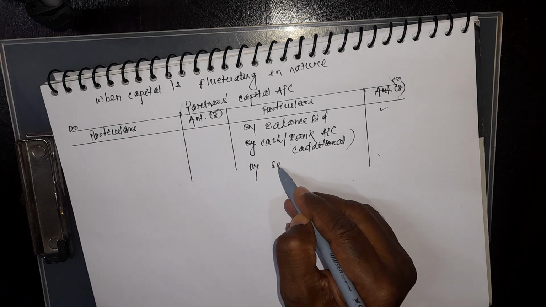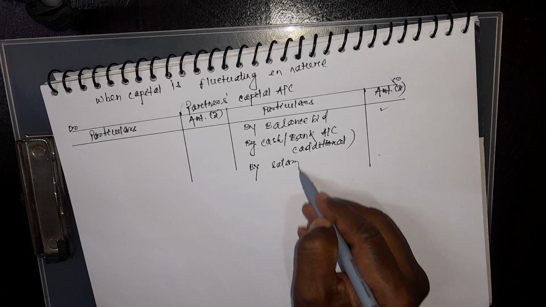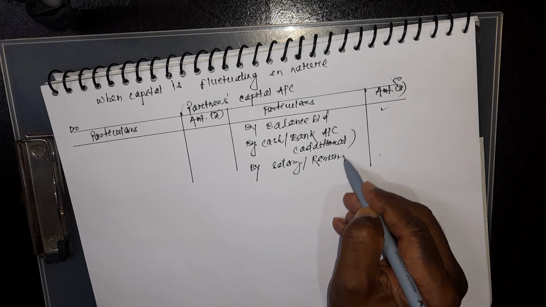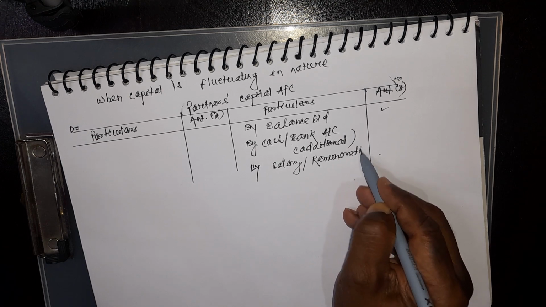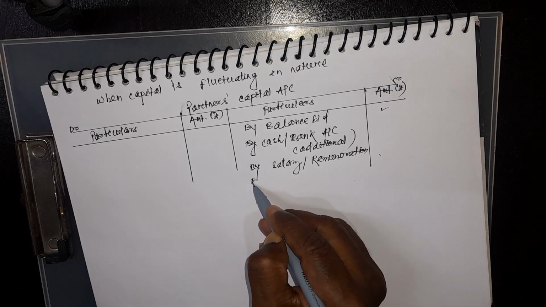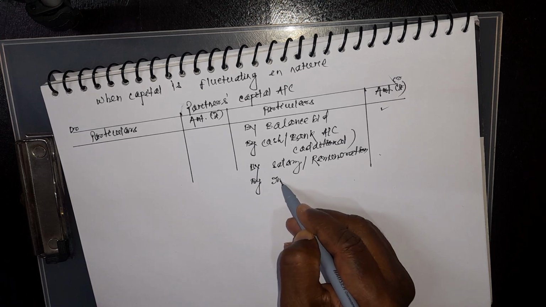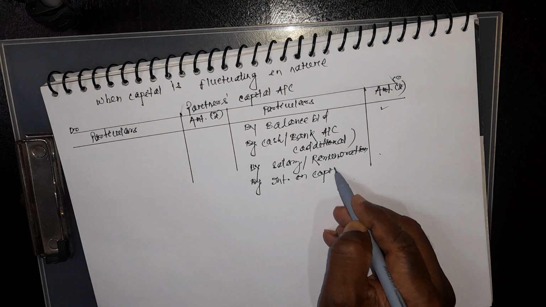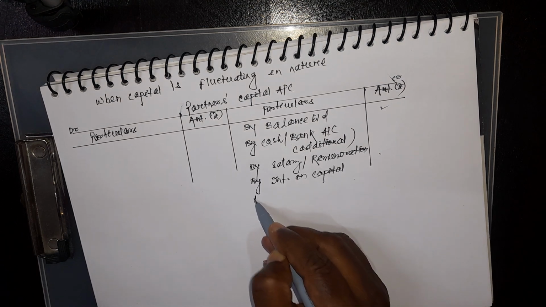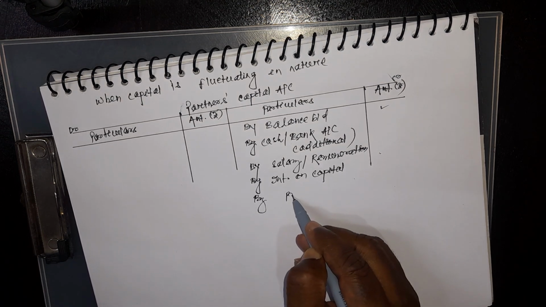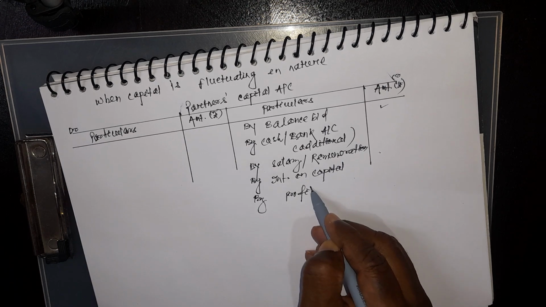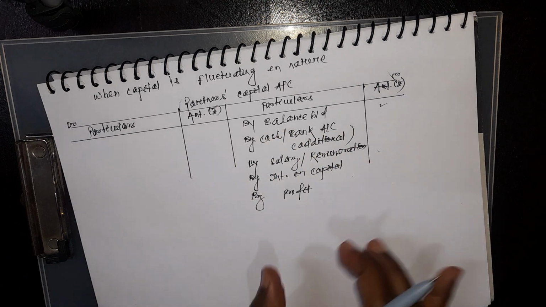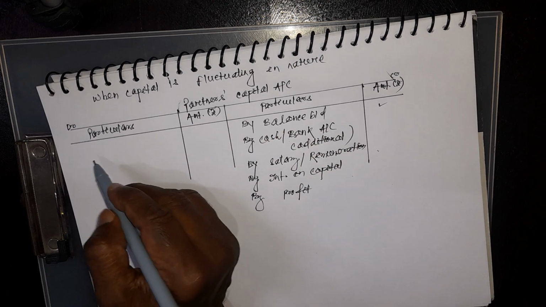So by salary or remuneration, by interest on capital, by profit, the divisible profit from the profit and loss appropriation account.